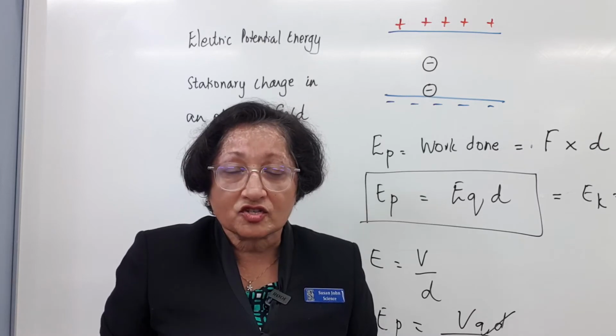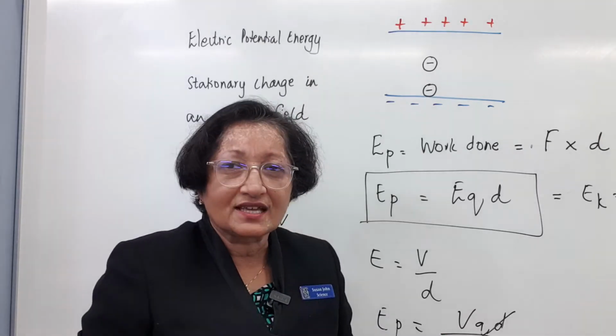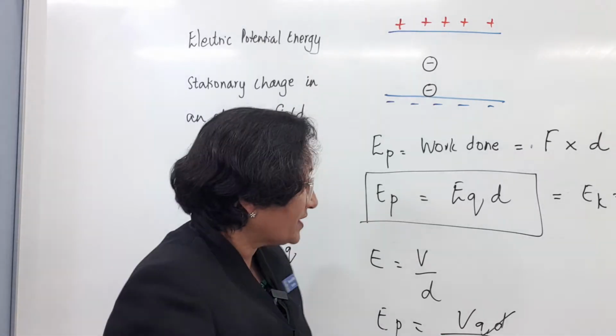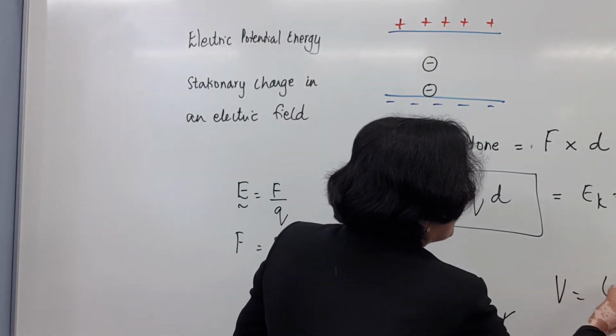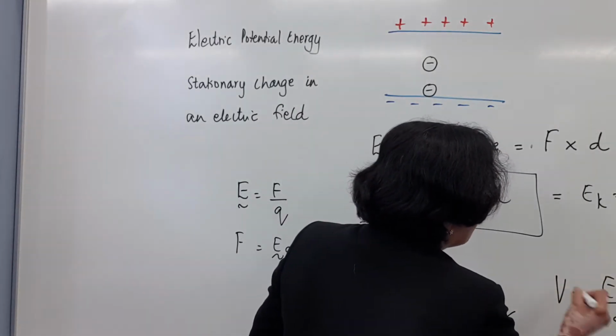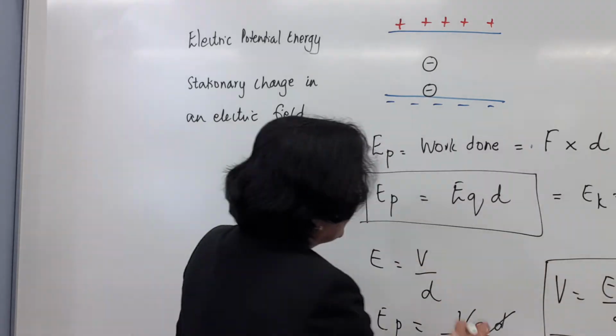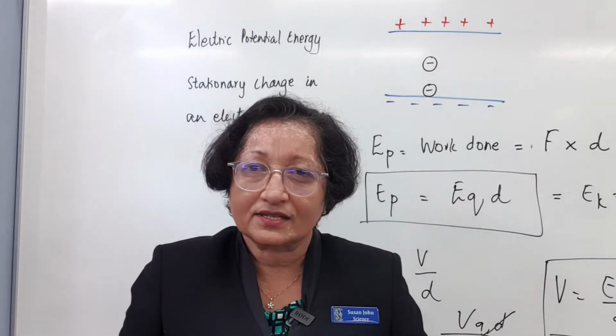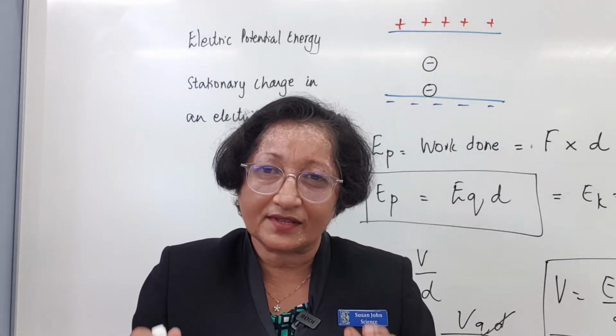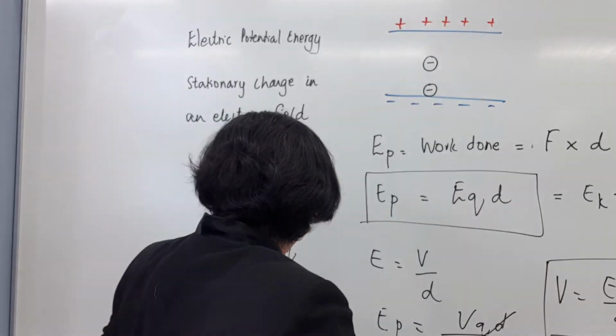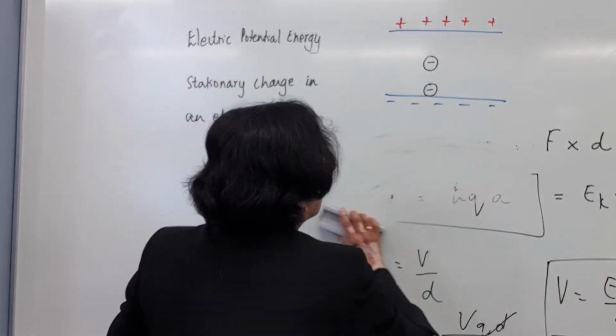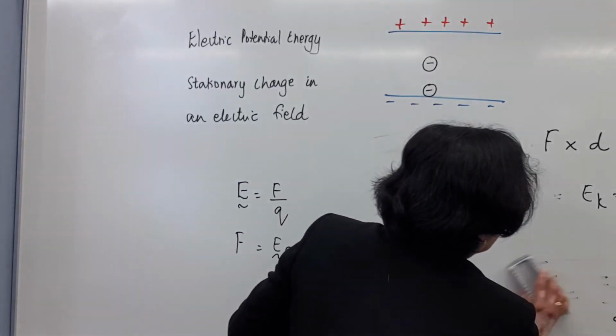Voltage is the amount of energy carried by charge. So that's the definition for voltage: how much electric potential energy is carried by charge. So there are many ways of finding out the amount of electric potential energy. So that's one part. The next part is about holding a charge stationary in an electric field.